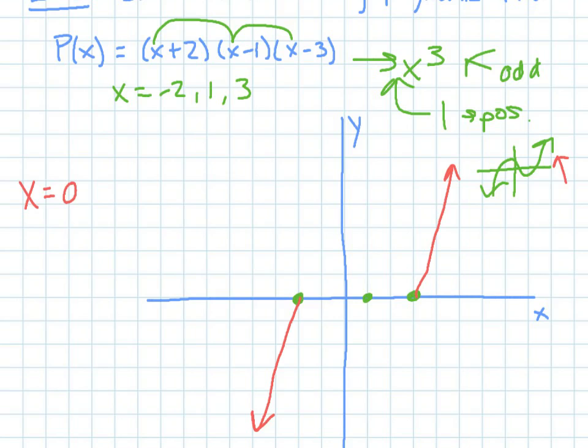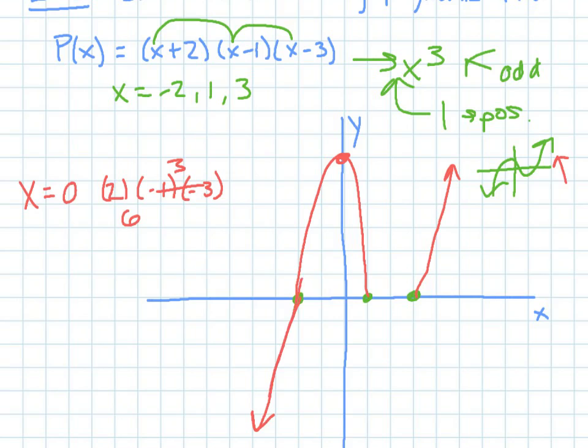Okay, so if I plug in 0 here, I get 2 times -1 times -3, and that gets you 6. So 1, 2, 3, 4. So there's a point right there. So now when I come up, let's try a better draw there. There we go.